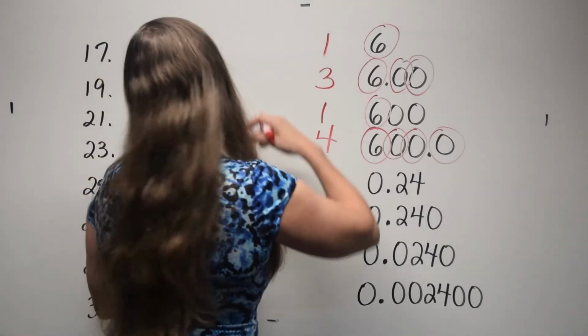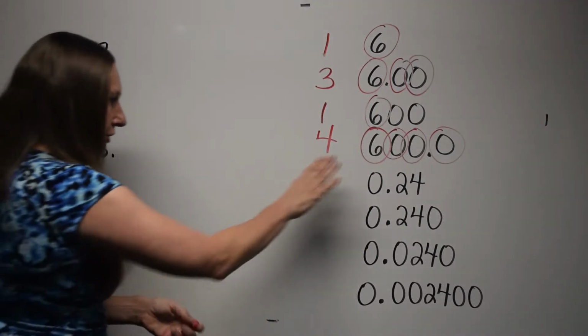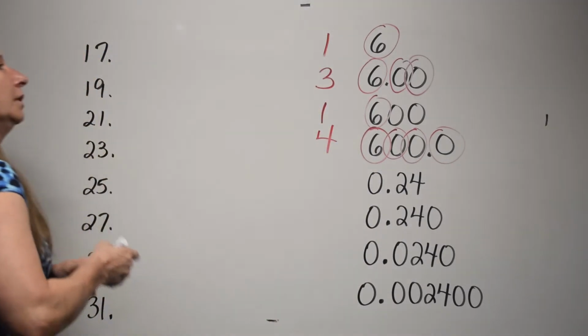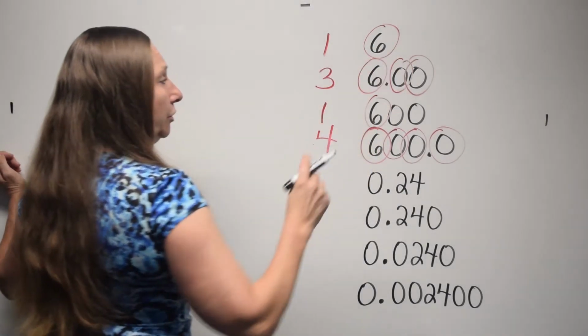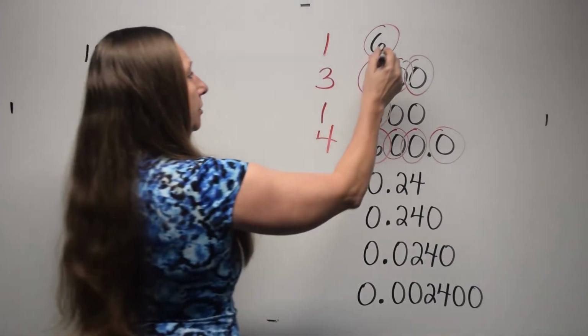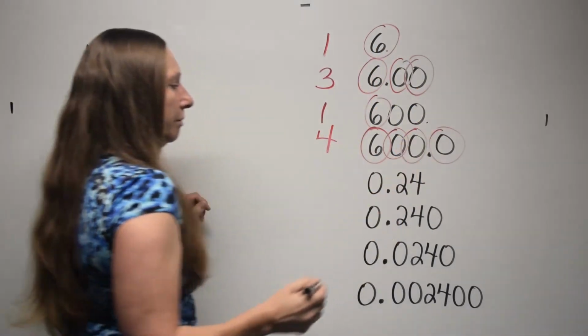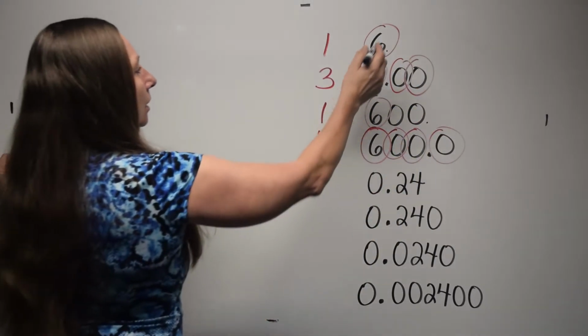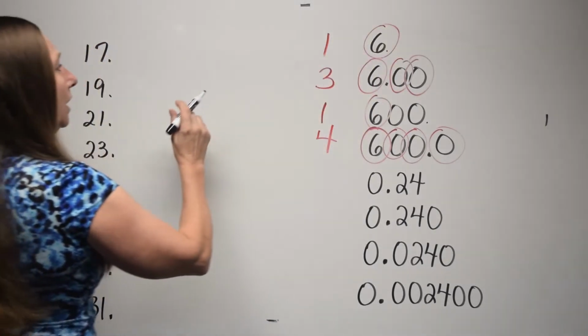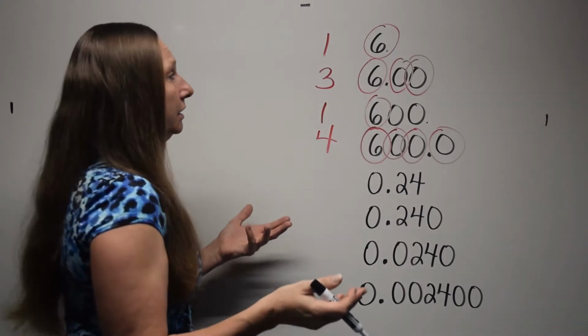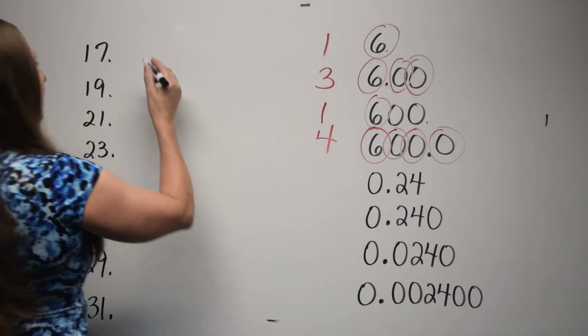Let's convert those to scientific notation, and then we'll finish these guys down here. Now you have to put in your imaginary decimal. There's an imaginary decimal here, and here. Now scientific notation, only 1 number in front of the decimal. This guy is fine. I don't have to move the decimal place, so the number of jumps is 0.